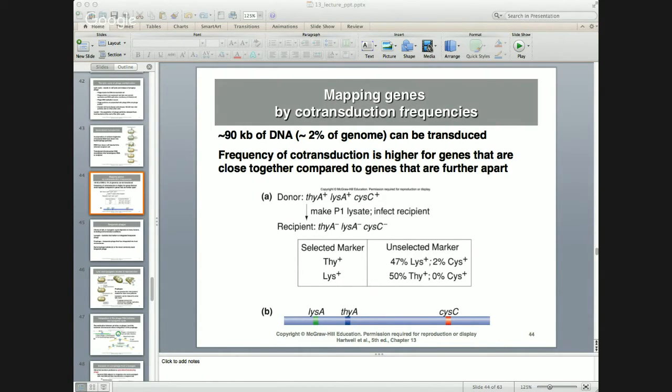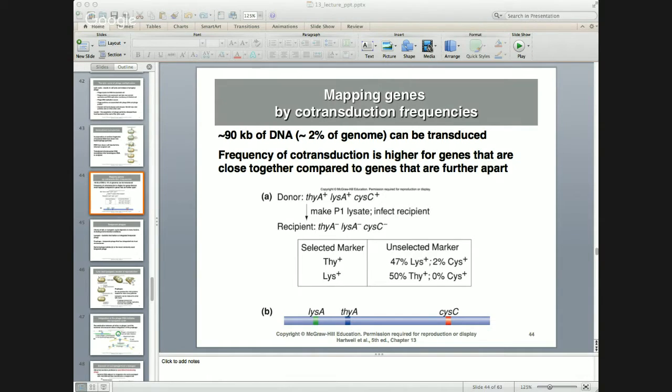And so this figure just summarizes that. Here we have an E. coli cell being infected with a temperate phage. It could either go through the lytic cycle and cause cell lysis, or it could integrate into the bacterial chromosome, creating what is called a prophage.